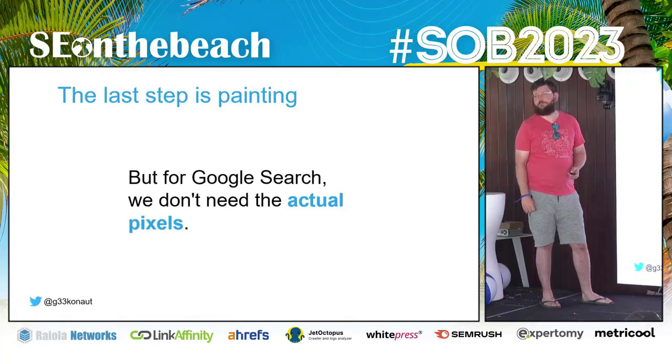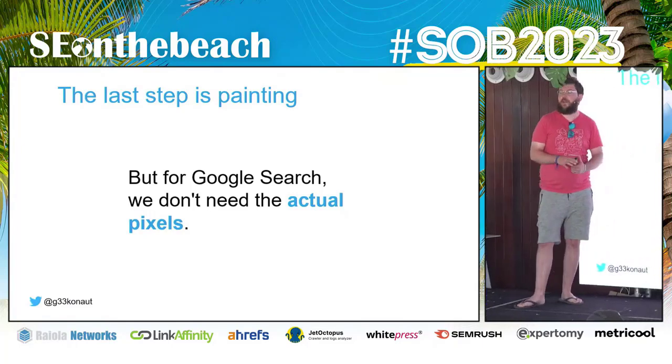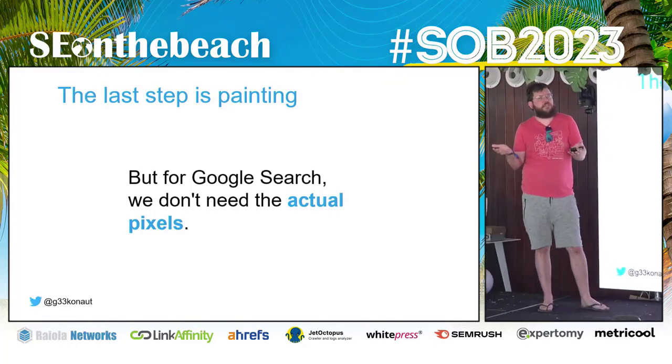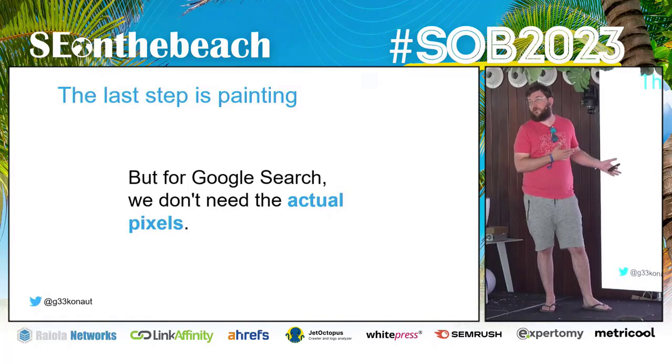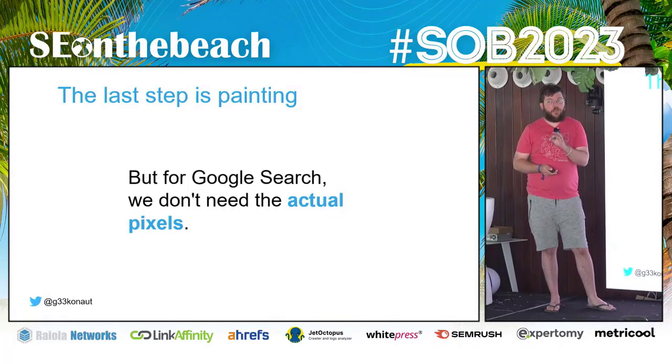No, you don't. Why not? Because it doesn't matter what pixels are there. If you have some content that is hidden behind some carousel or something, it's still content. We still see that. We still consider that for indexing. The pixels don't matter. What matters is that it is in the DOM. Do you know where you find the DOM in Google Search Console?